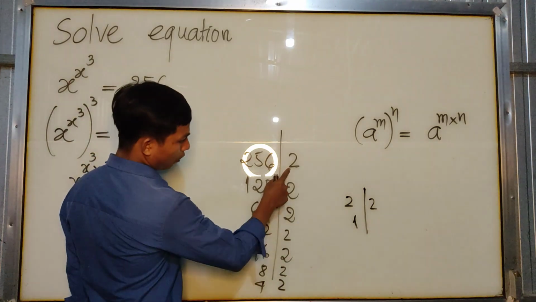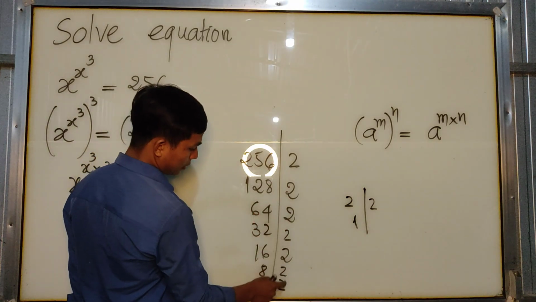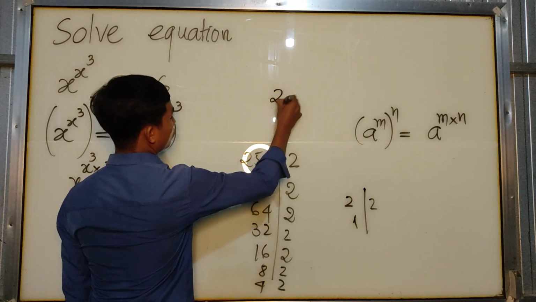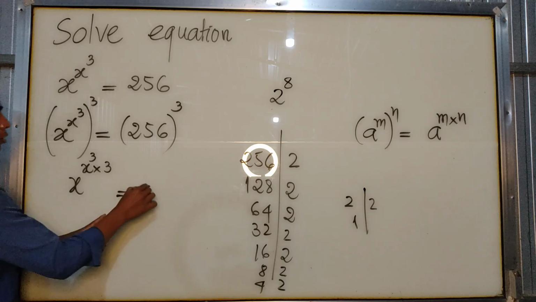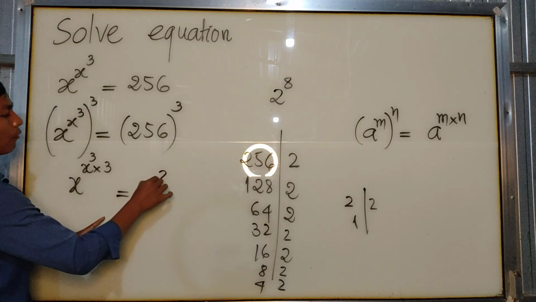So it is 1, 2, 3, 4, 5, 6, 7, 8 twos. So 256 is 2^8. And this is equal to 2^8.